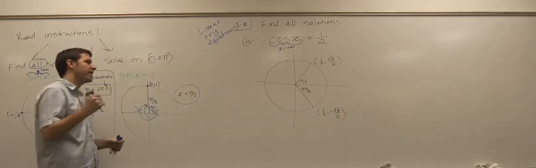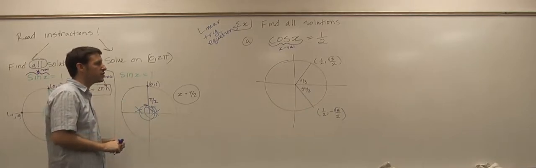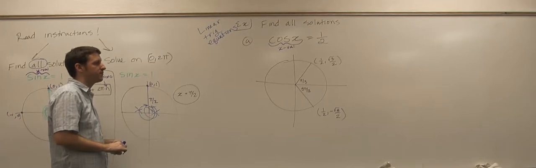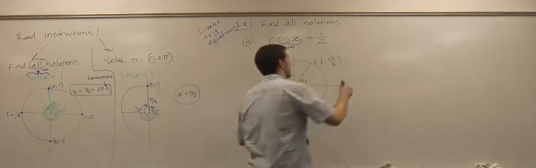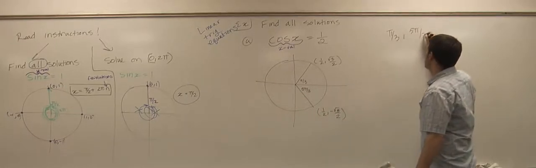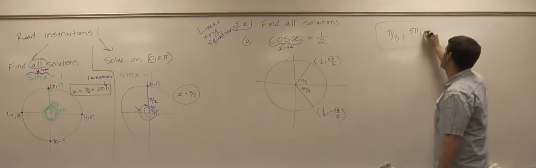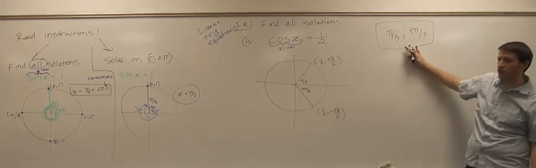So since I asked you to find all solutions, what would you write for your answer? Would you write pi over 3, comma 5 pi over 3? No. Right, this is only the two solutions between 0 and 2 pi.